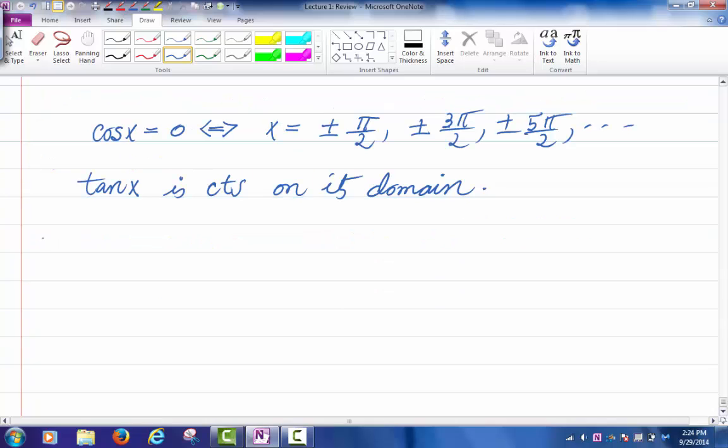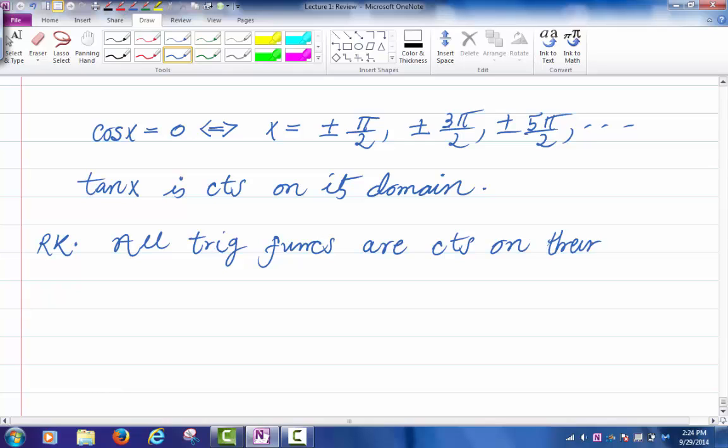So all trig functions are continuous on their domains.